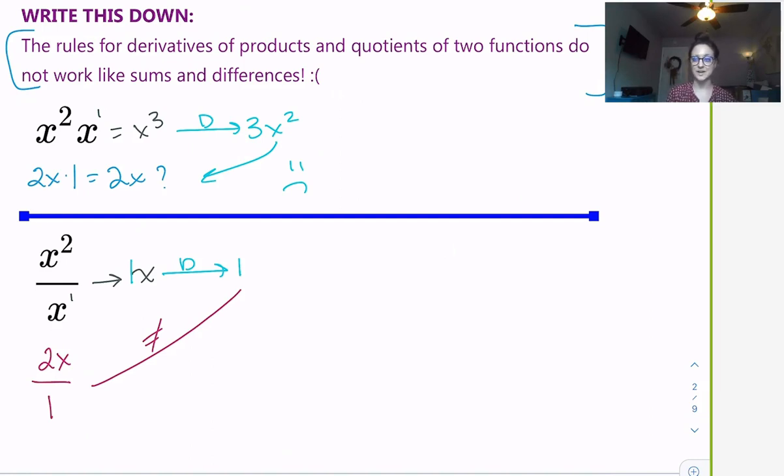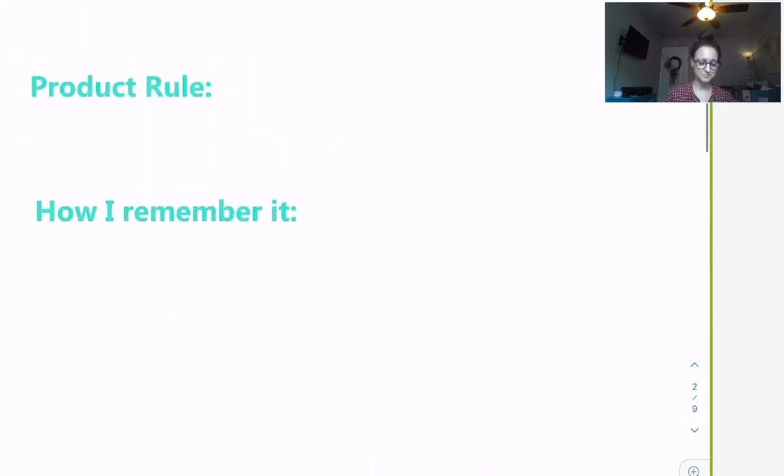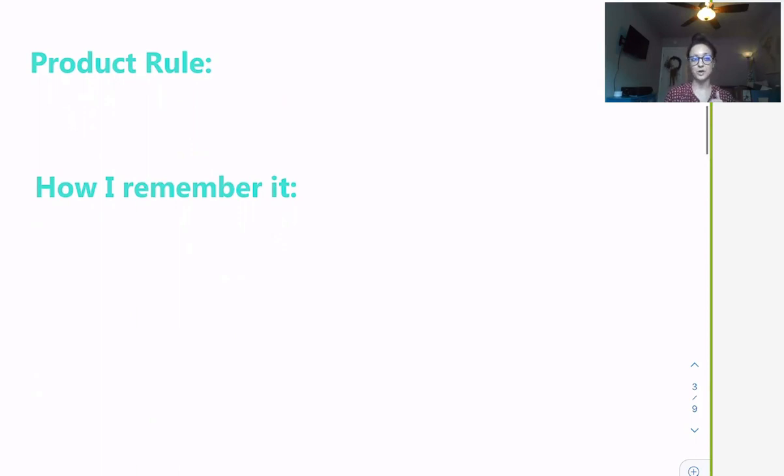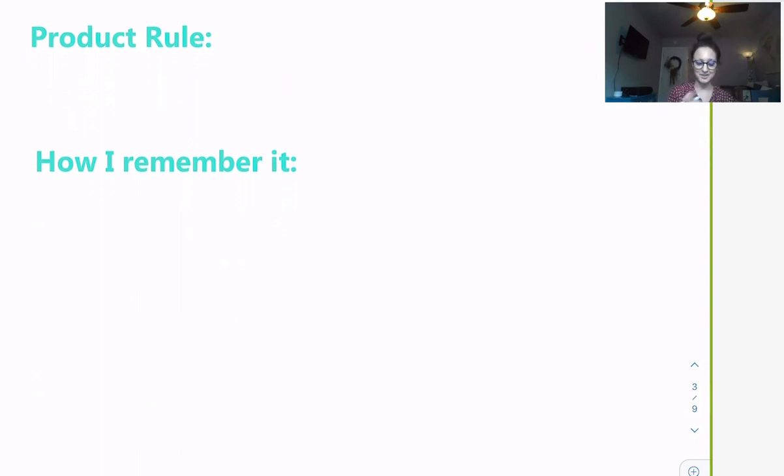So let's take a look at what we are supposed to do. All right, so product rule. Will you write this for me? If I have a function, and I will call it h of x, and h of x is equal to some function f times another function g, I know that h prime is certainly not equal to f prime times g prime, okay?